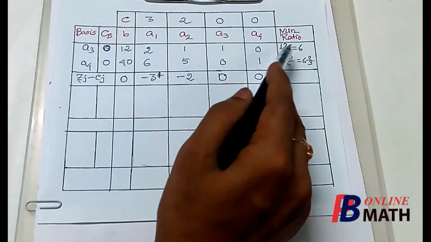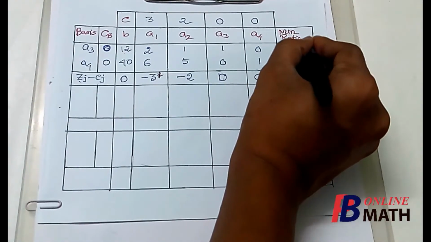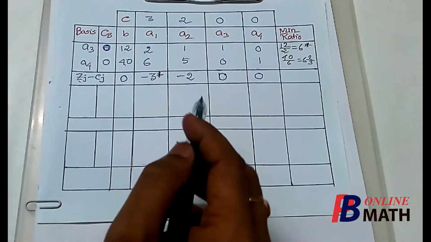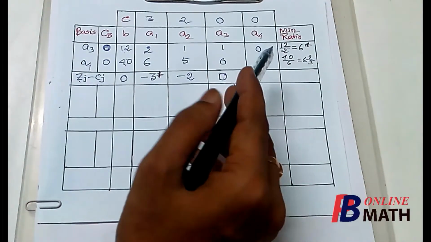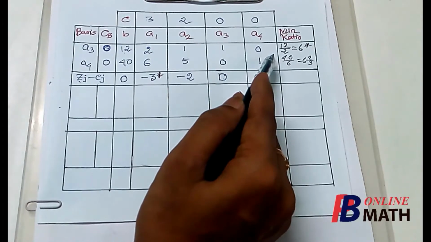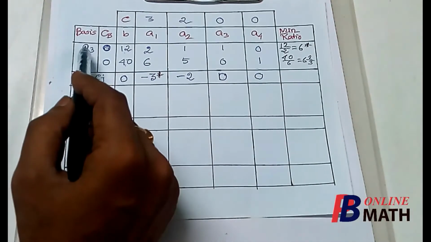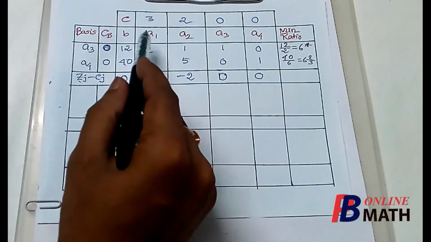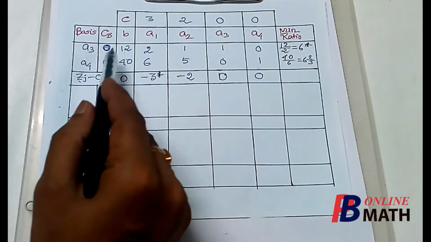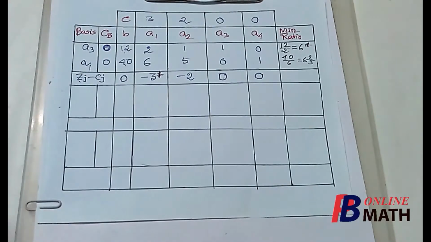Now here we find that this 6 has the minimum value. Therefore we shall select this ratio as the min ratio. Now we have the answer that the variable x3 will leave the basis. So in the new basis, the variable x1 will replace the variable x3.